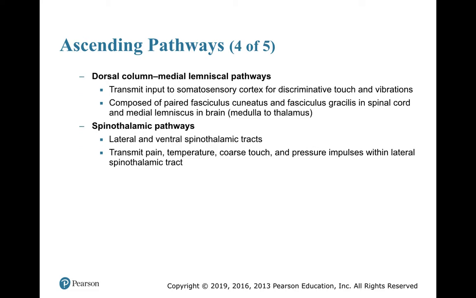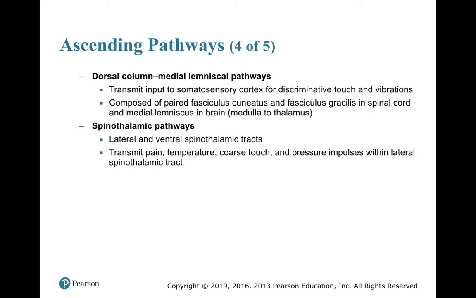So that dorsal column medial lemniscus pathway transmits the input to somatosensory cortex so that we can discriminate touch and vibrations. It's composed of paired fasciculus cuneatus and fasciculus gracilis in the spinal cord and the medial lemniscus in the brain, medulla to thalamus. The spinothalamic pathways are lateral and ventral spinothalamic tracts.